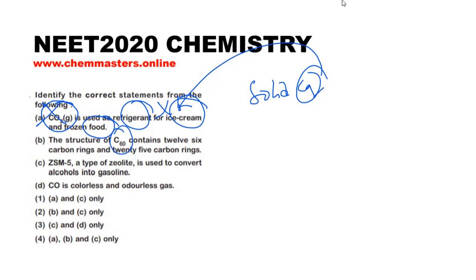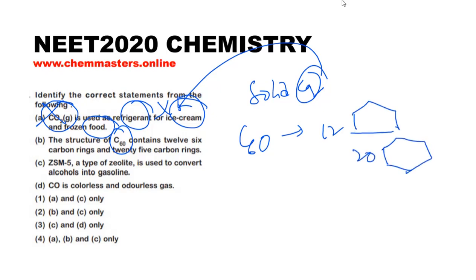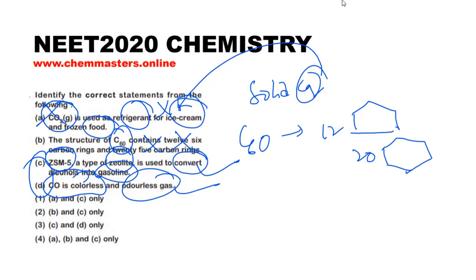The structure of C60 fullerene contains 12 pentagons and 20 hexagons. Here we have been given 12 six-membered rings, so it is a wrong statement. ZSM5 is a type of zeolite used to convert alcohol into gasoline. This is the correct statement. And CO is colorless and also odorless. So options C and D are the correct ones. So 3 is the correct option.